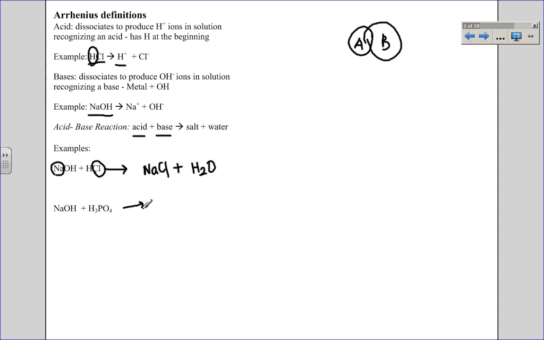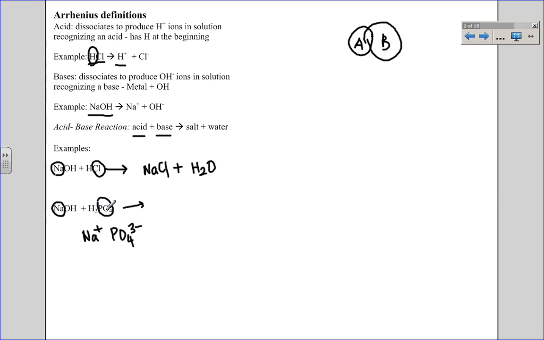In the second example, we're not going to have the same neat 1-to-1 ratio. Our salt is going to be formed by combining the sodium ions with the phosphate ions. We still have our H and our OH, which are going to make our water, and our salt is going to be formed as an ionic compound between the sodium ions and the phosphate ions.